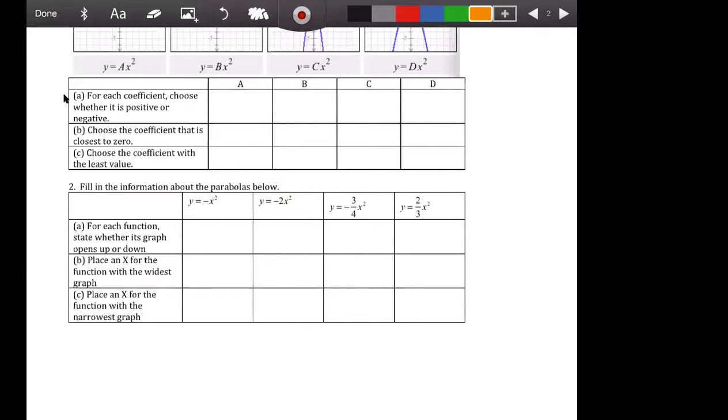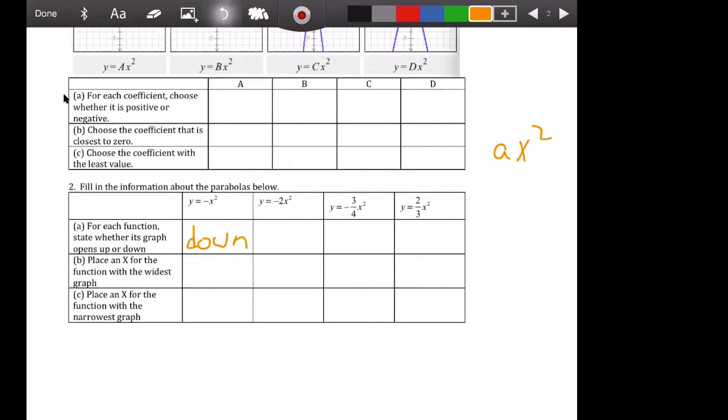A says for each function, state whether its graph opens up or down. Okay, so what is the A in ax squared for this one? Well, what's in front of x squared? There's a negative, so it's a -1. So because it's a -1, it is facing down, or it opens down, concave down.